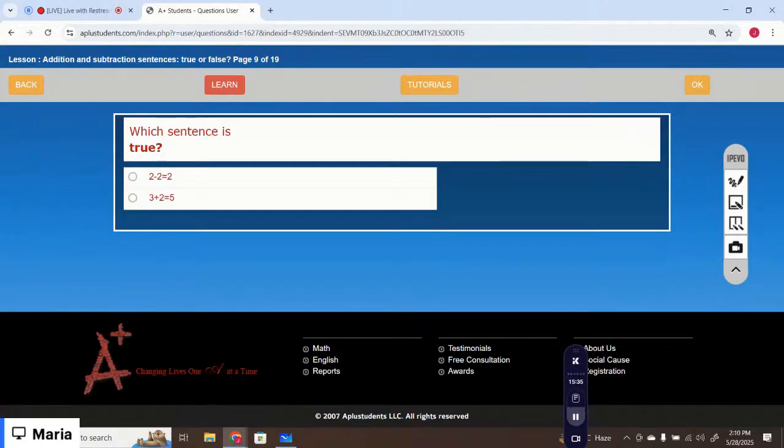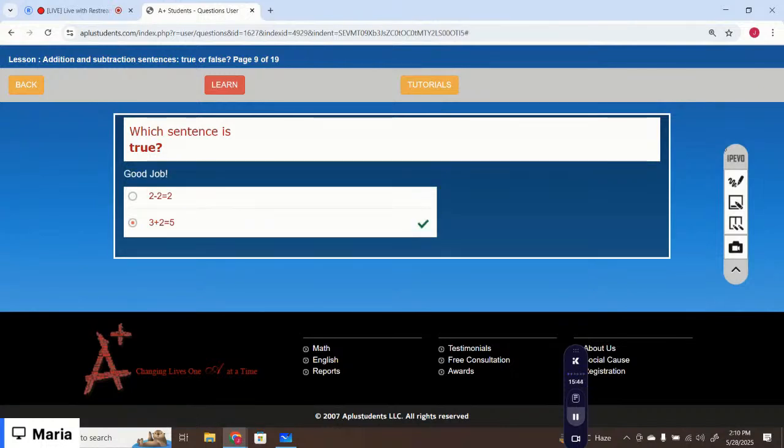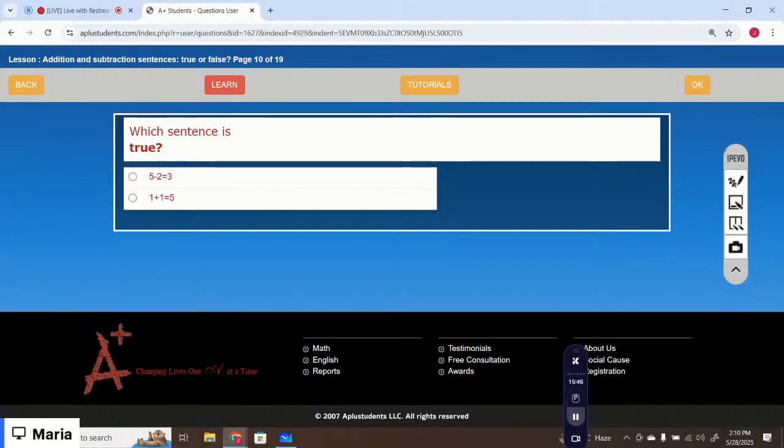Which sentence is true? Very good. Option number two is the correct option. Which sentence is true?